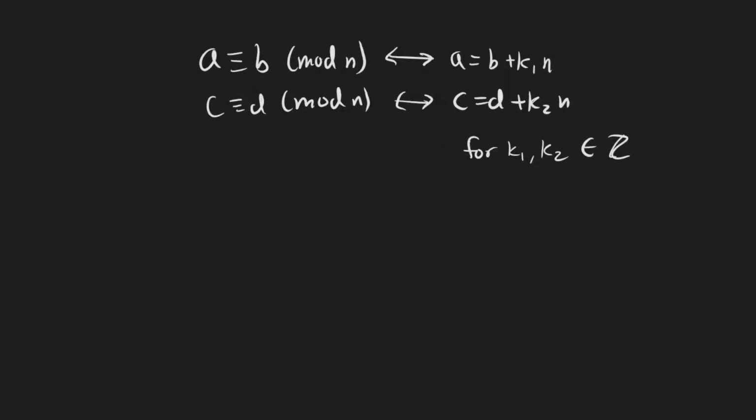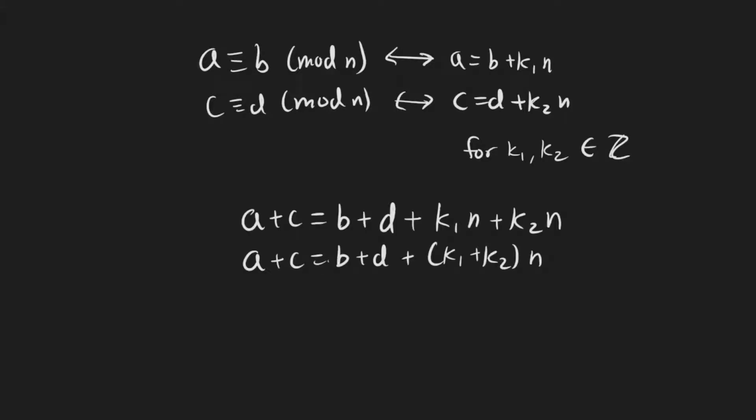Let's first break these mods into their equivalent statements mentioned above. So A congruent to B mod n is equivalent to A equals B plus k1n, and C is congruent to D mod n is equivalent to C equals D plus k2 times n, where k1 and k2 are some integers.